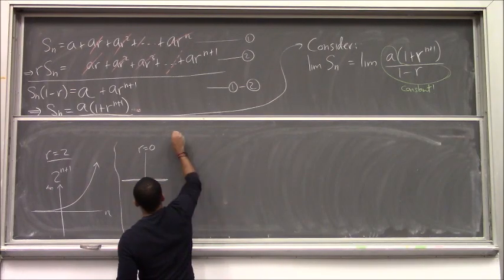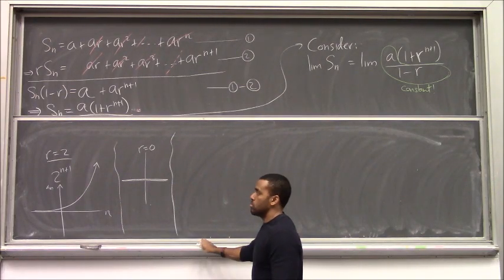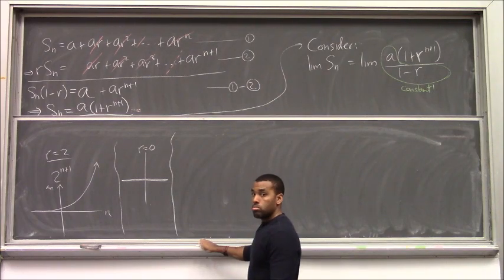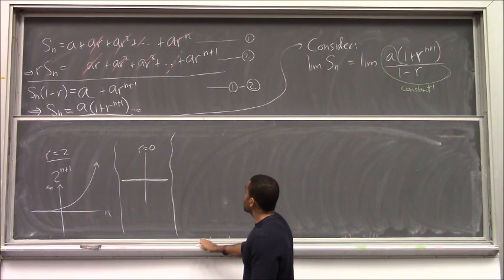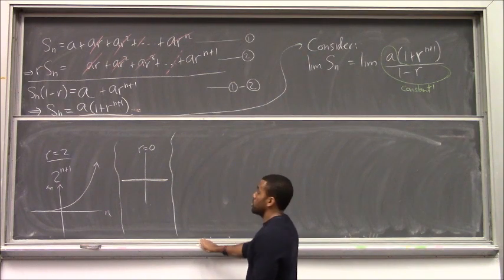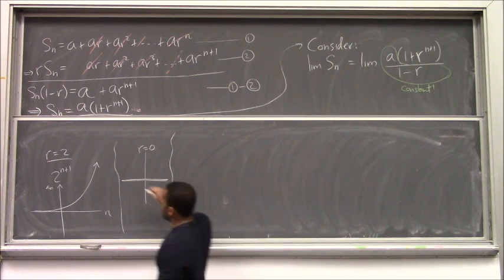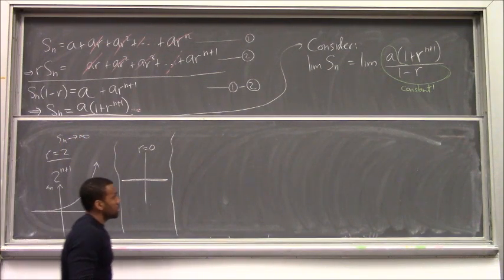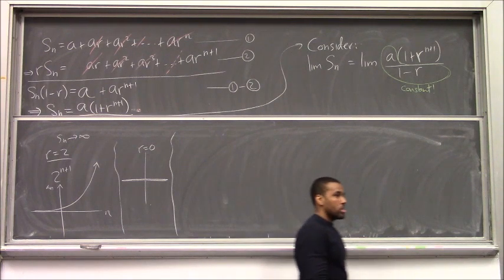Any other r values that you can think of? What else can you try? So if your r is 2, it actually approaches infinity. Can you think of any r value that will cause it to not approach infinity?